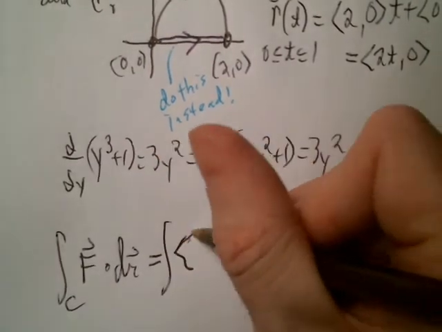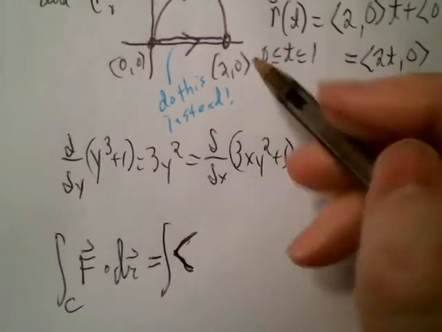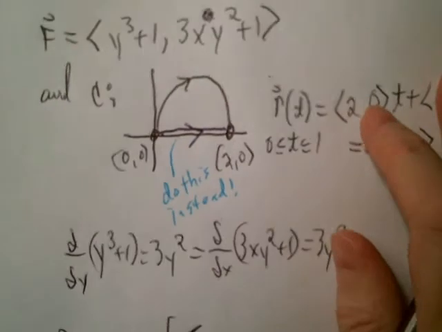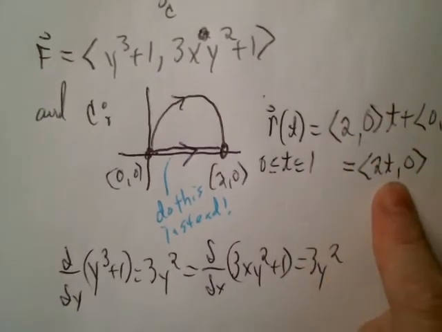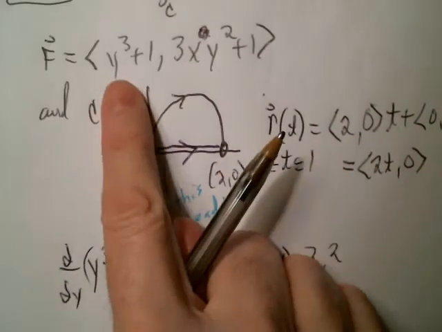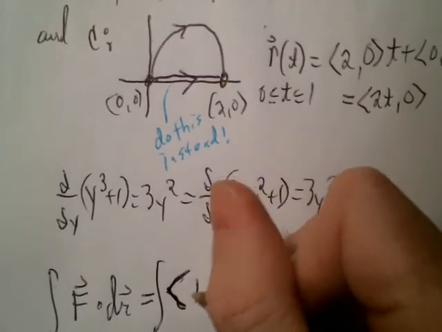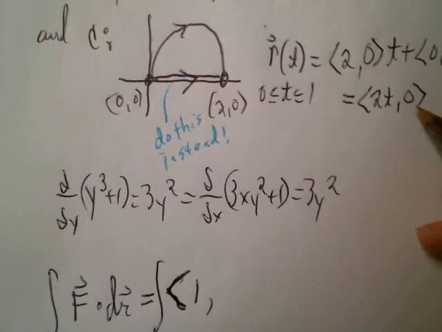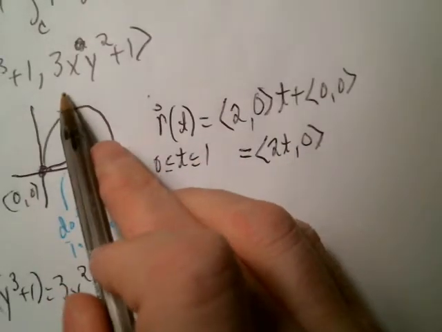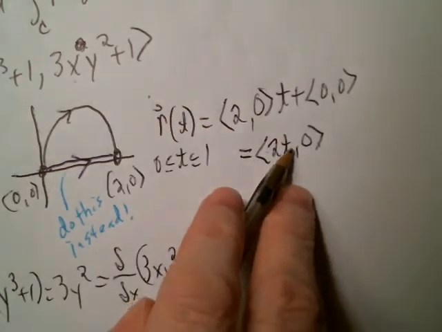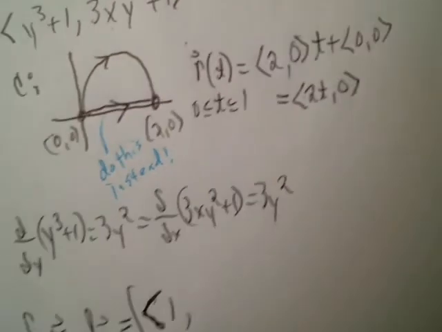It's just going to be the integral of f, which is y cubed plus 1, but I'm going to reparameterize it with this thing, right? So instead of y cubed, it's 0 cubed plus 1, so that's just 1. And then I'll have 3 times x, which is 2t, times y squared, which is 0, so this will be 0 plus 1 again.